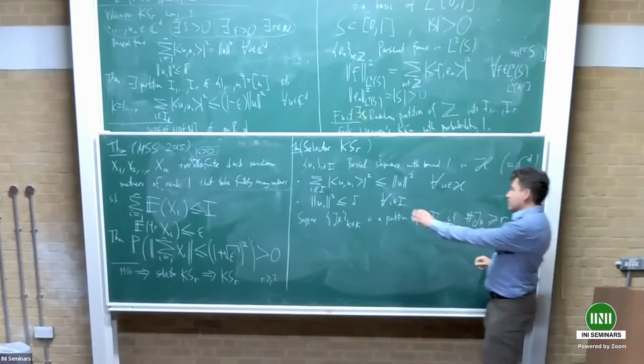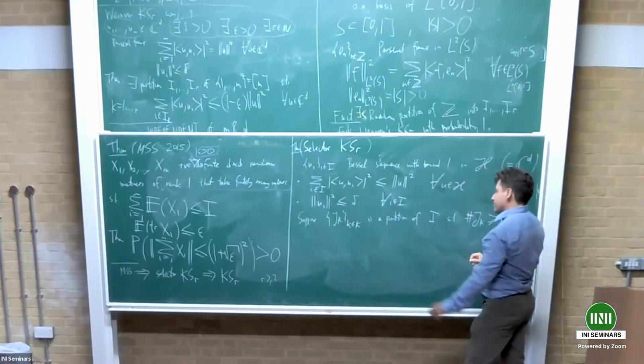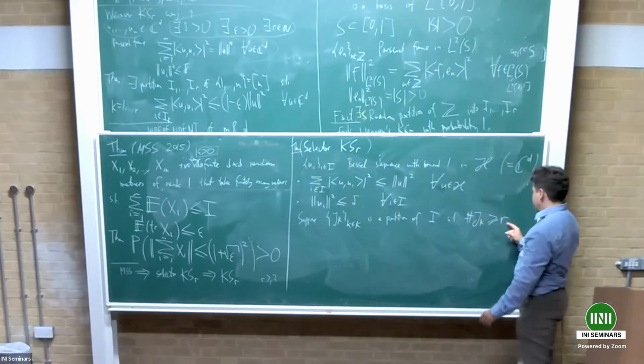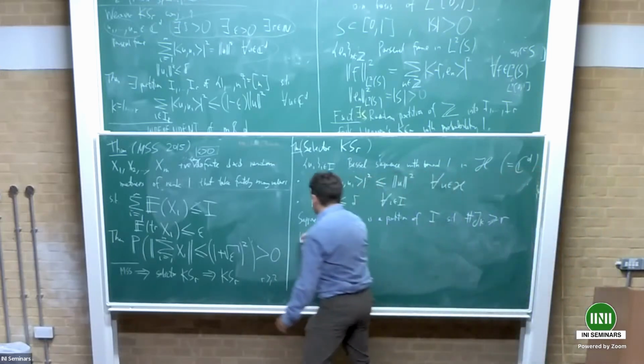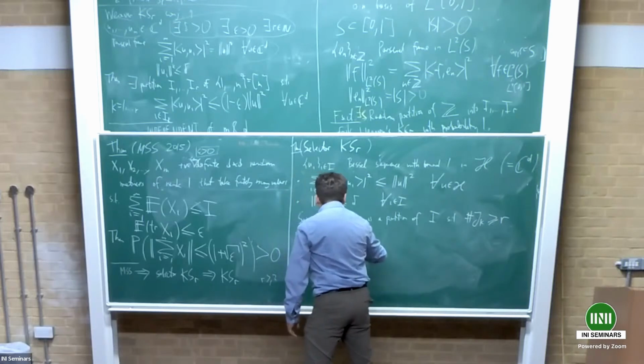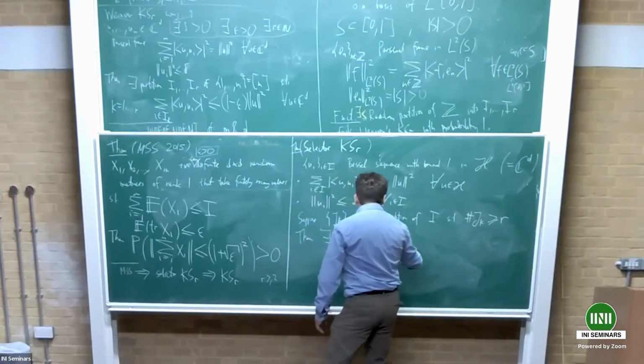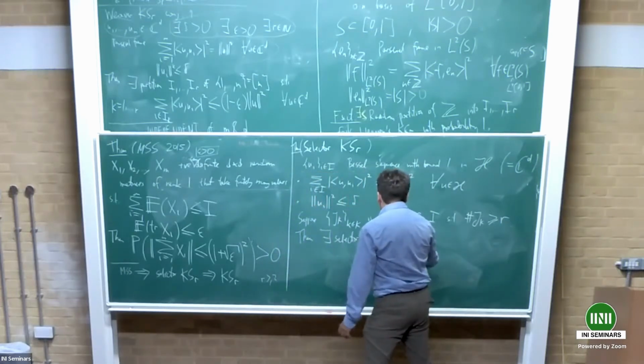So we somehow put those vectors into piles. Then the conclusion is that there exists a selector J. What is a selector?